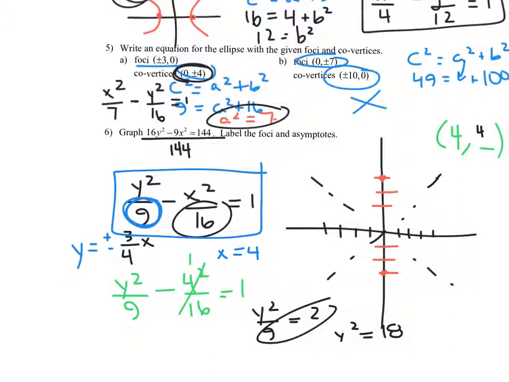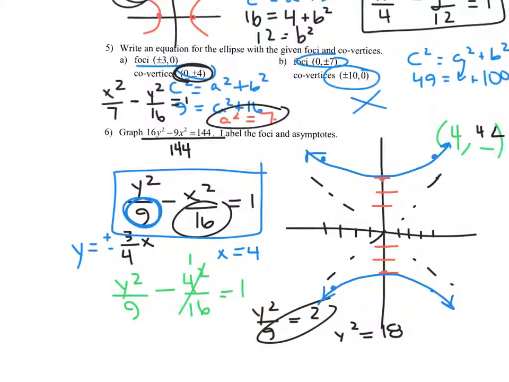So I'm going to go over 4 and up 4.2, which would be about right here. And I can also reflect it and go negative 4 up 4.2, left 4 down 4.2, right 4 down 4.2. So I have these two branches of the hyperbola.